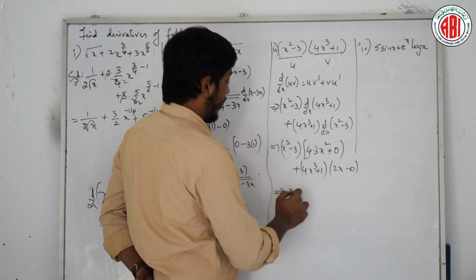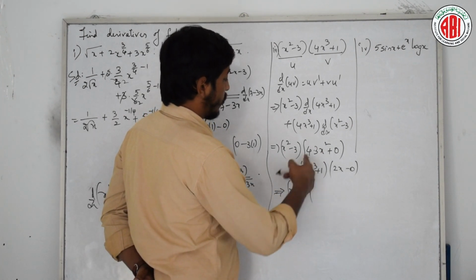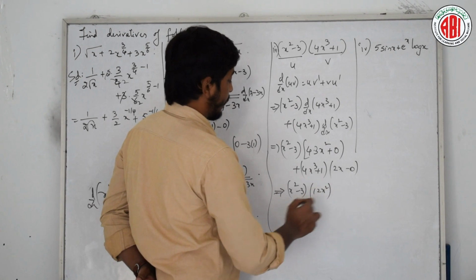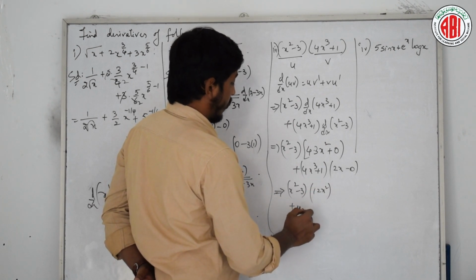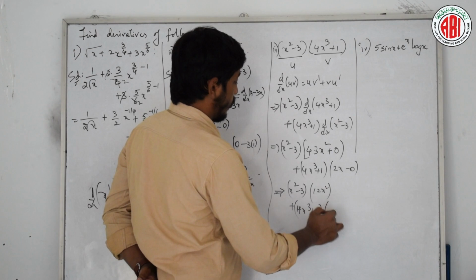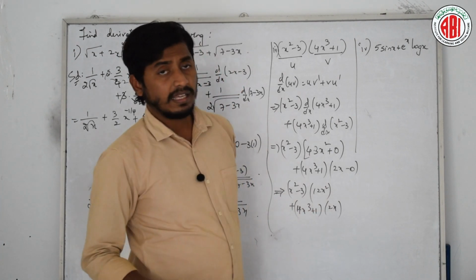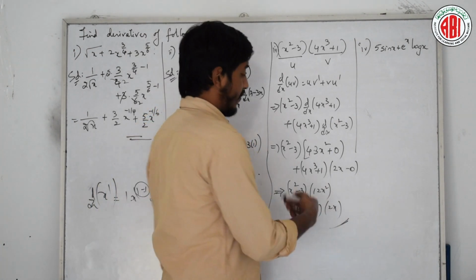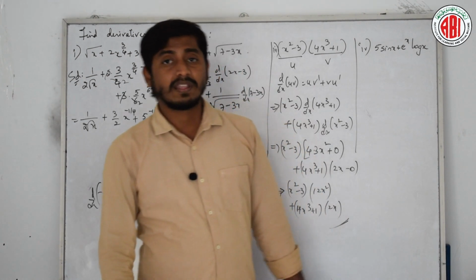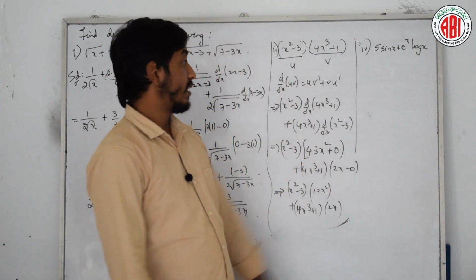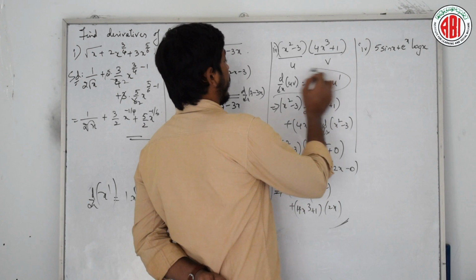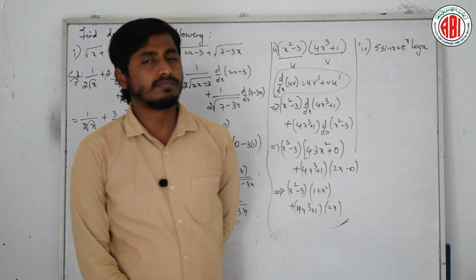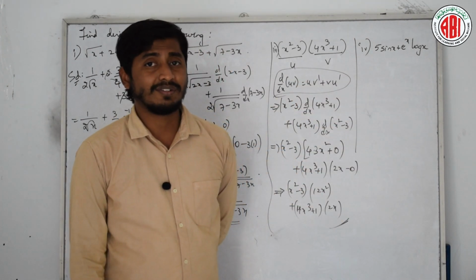Therefore, this will be x square minus 3 into 4 3s are 12x square plus 4x cube plus 1 into 2x. Clear? If you want to multiply and write the answer also, it's fine. The only thing which we have used here is UV rule. Is it not easy to solve?